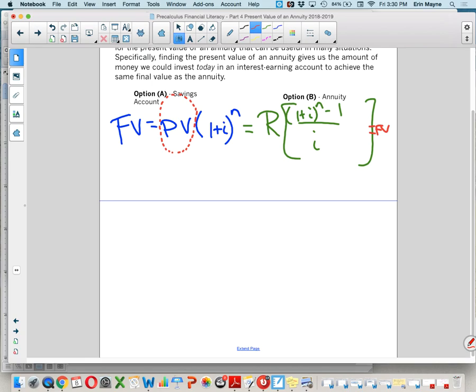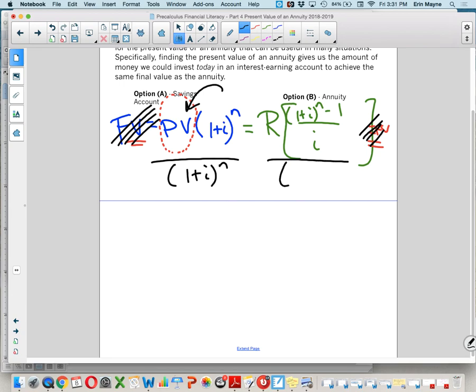You're going to hear me say that a lot over the next few days. So what we're going to do is, since both of these are equal to future value, we can set them equal to each other. And then watch and pay close attention here. We're going to stop worrying about the future value label so that we can solve for the present value. Now, the initial step of solving is pretty quick and easy. It's just a nice, simple division that allows me to get the present value by itself.